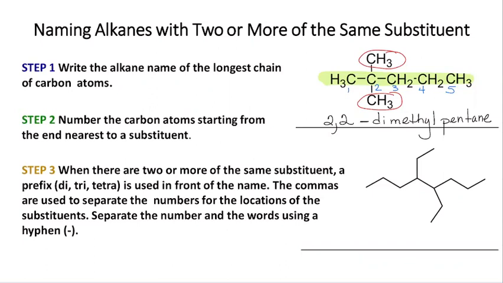Great. 1, 2, 3, 4, 5, 6, 7, 8. So because there's 8 carbons in my longest carbon chain, what is the name of my parent chain? Great job, octane.